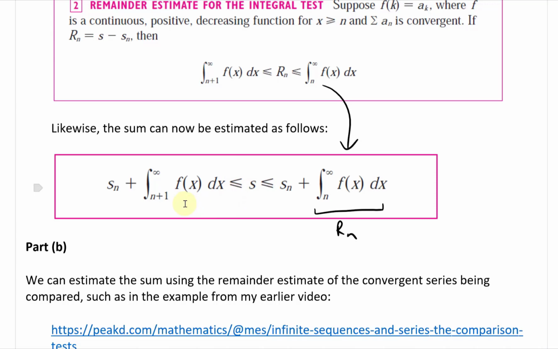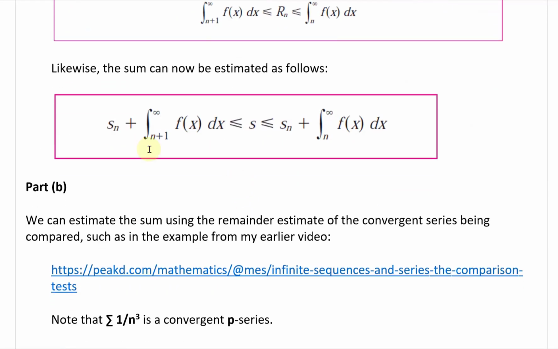And then it's going to be greater than or equal to the partial sum plus the lower bound for R_n, the integral from n plus 1 to infinity of f(x) dx. So we can estimate the sum of an infinite series that was convergent by the integral test. All we have to do is compute s_n at any point, then take the integrals and see how close it is to the actual sum.